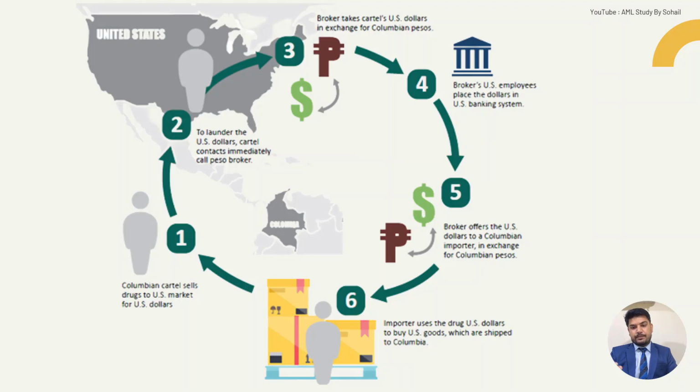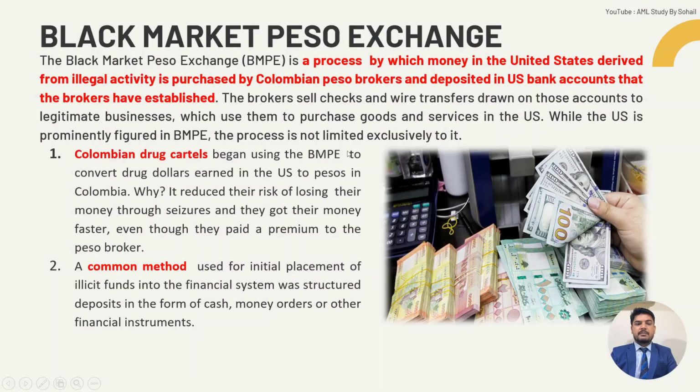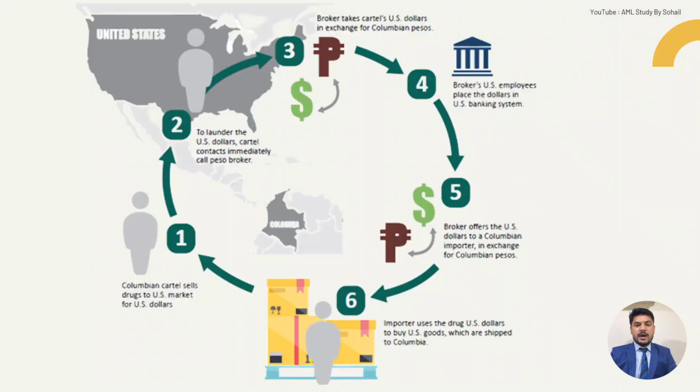So he wants to pay in USD, and he will get the money from the brokers. Then the importer uses the drug US dollars to buy US goods, which are shipped to Colombia. So this is the whole process used in the black market peso exchange.